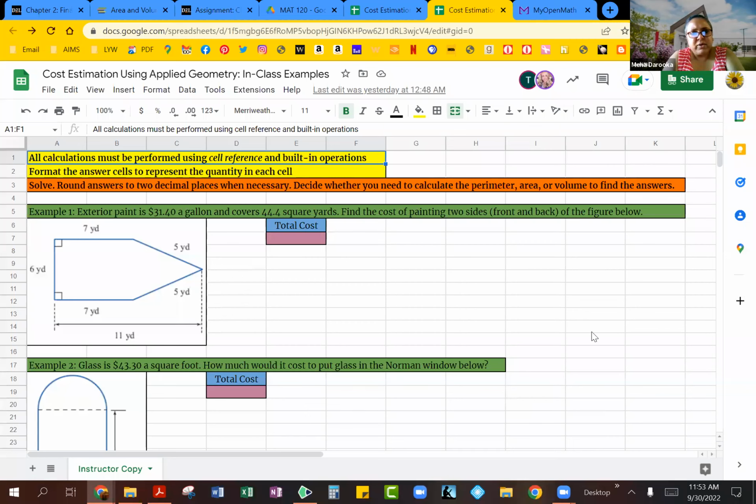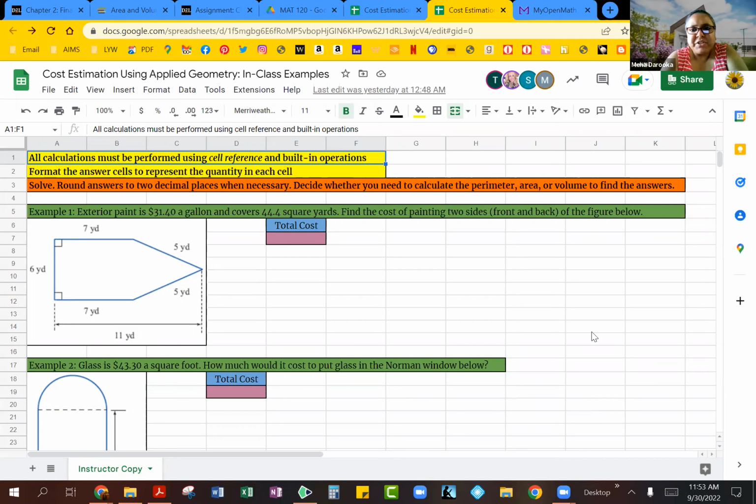So let's take a look at what we need to do for these examples. This is question number 1. And again, we want to get you feeling a little bit comfortable with Excel or Google Sheets, so that's why I've transferred these here.